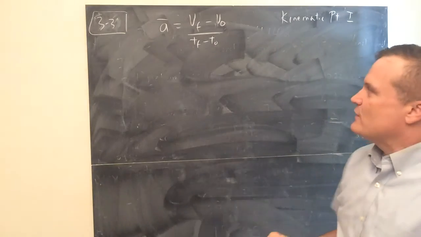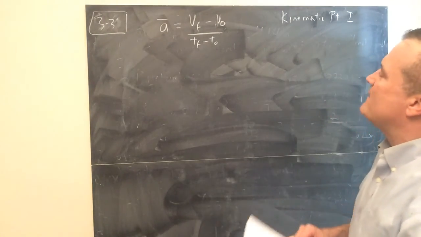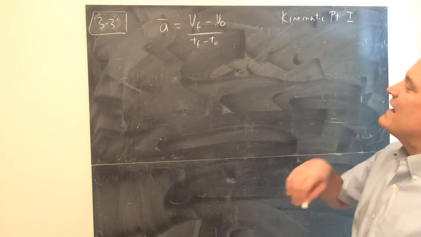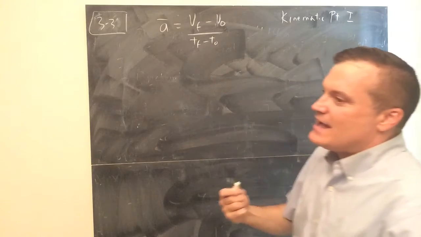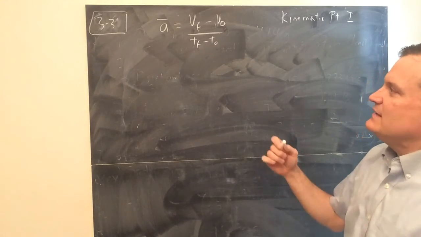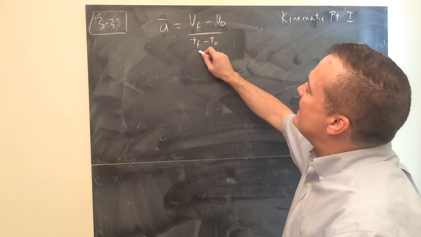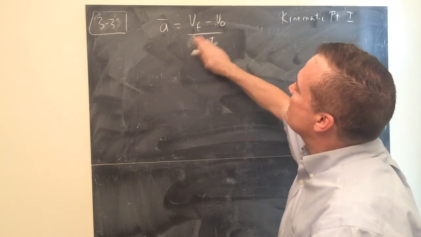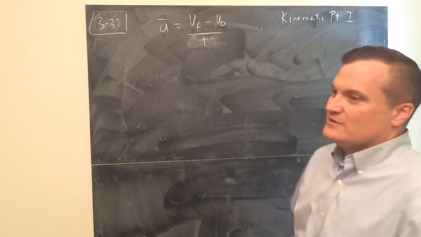All right. There are 5 kinematics equations. This is the first equation, and probably the one I always look at first. We assume your initial time is always 0. If we do that, then the denominator is not the change in time, it just becomes the elapsed time, which is your final time.